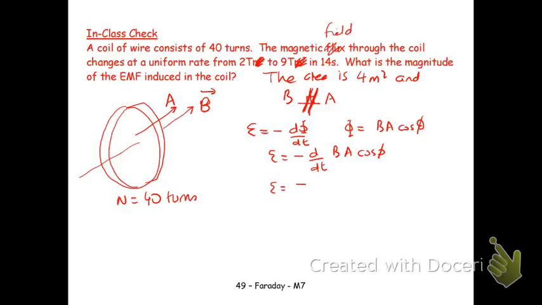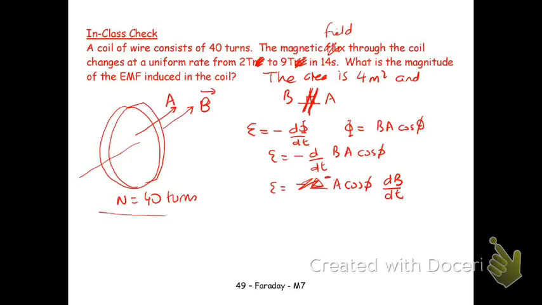If it's nice and steady, let's take out everything that's constant. My B is not constant. So it's going to be A cosine phi dB by dt.